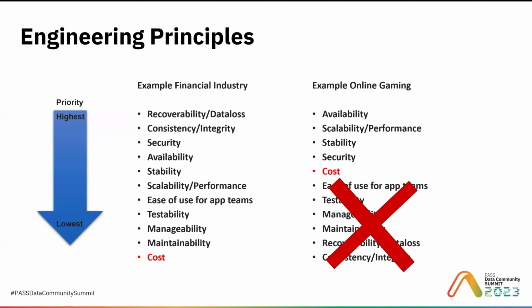Because every feature, if you want to build manageability, it will cost you money to do so. So if cost is more important, you will not be able to do anything that is below cost. Unless cost is at the bottom, you have to understand that basically everything listed below cost will never happen.